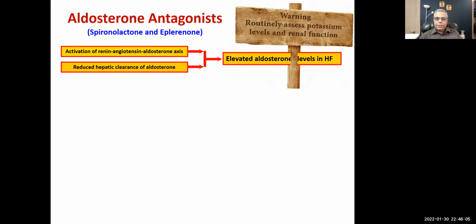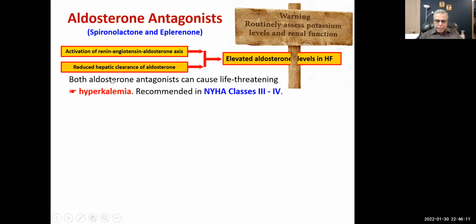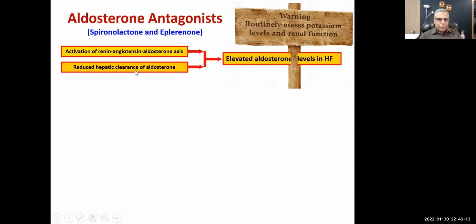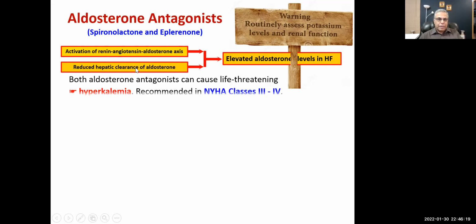So all these things lead to higher aldosterone levels, because aldosterone is metabolized in the liver. If the metabolism is low and the production is high, then we are going to get elevated levels. Both aldosterone antagonists can cause life-threatening hyperkalemia.